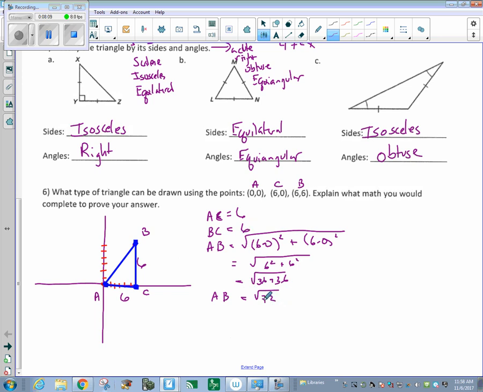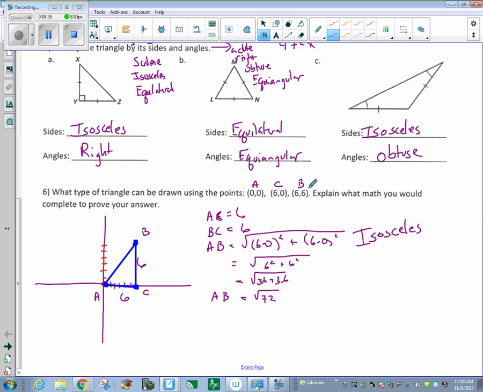The only way I would get 6 in length is if this was the square root of 36, so since it's double that, this guy comes out to be 6 root 2, which is about 8 point something or other. So these guys are not the same length. AB is not the same length as AC and BC, so therefore this guy is isosceles, not equilateral.